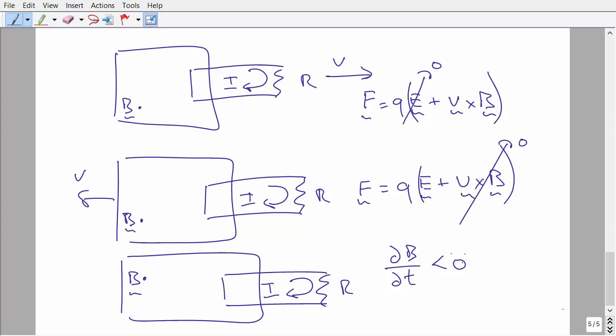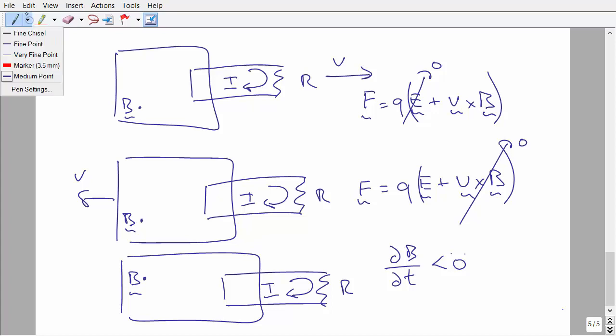So apparently we have electric fields that are being generated as a result of the change in the magnetic flux, that is the change of the integral of B dot dA that threads our wire loop with the resistor. We need to write down an equation which is consistent with our observations.